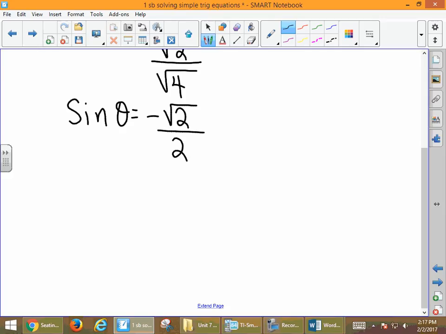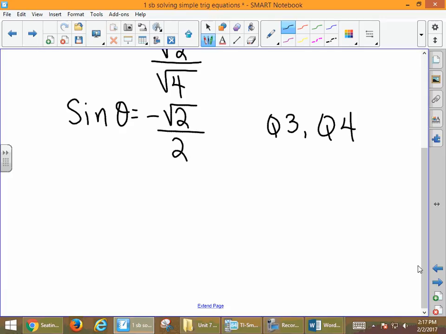And then that's where we have to start thinking about the unit circle. What values of theta on the unit circle for sine have a value of negative radical 2 over 2? Quadrant 3 and 4. That's actually the first thing that I write on my paper, what quadrants am I going to work for? So 3 and 4.